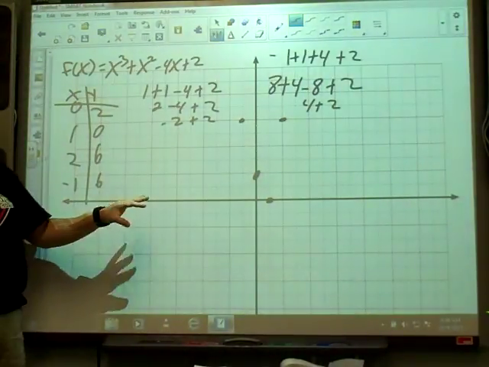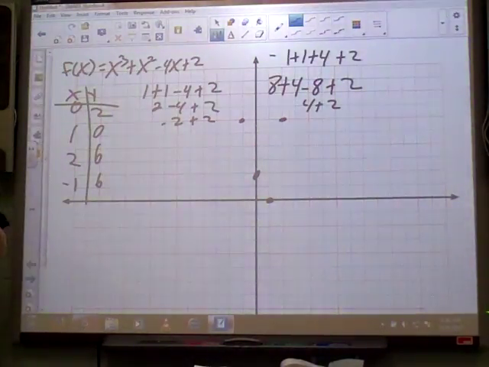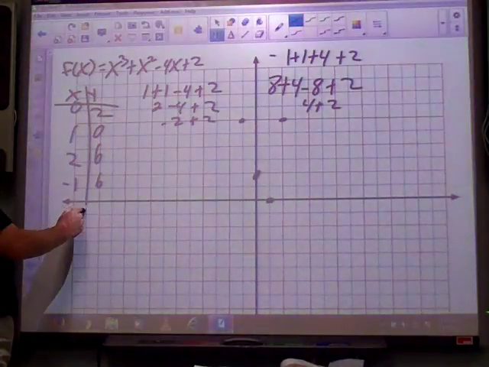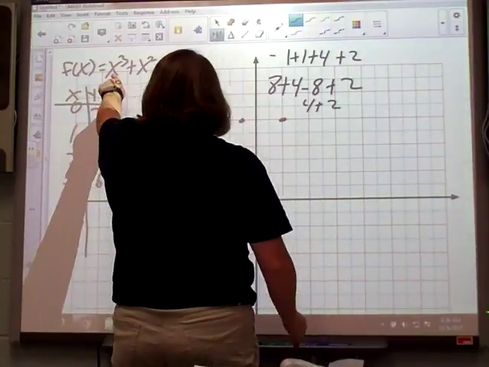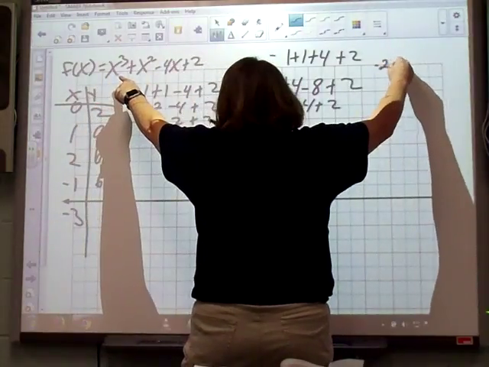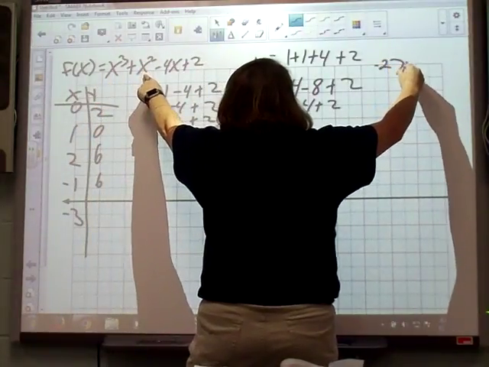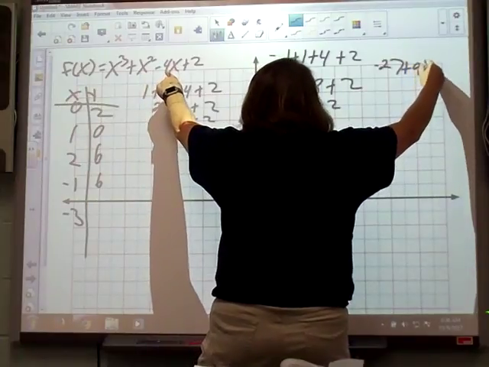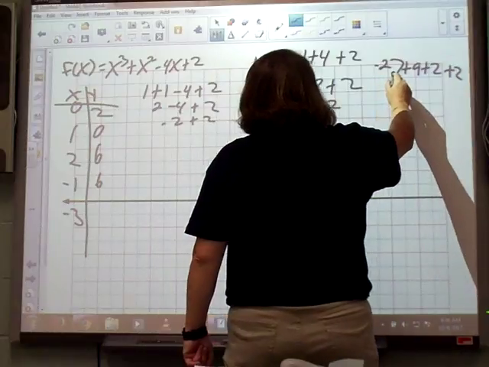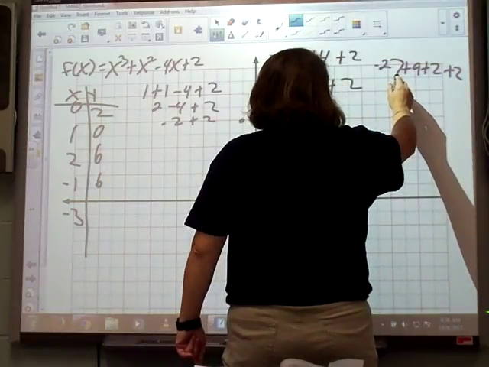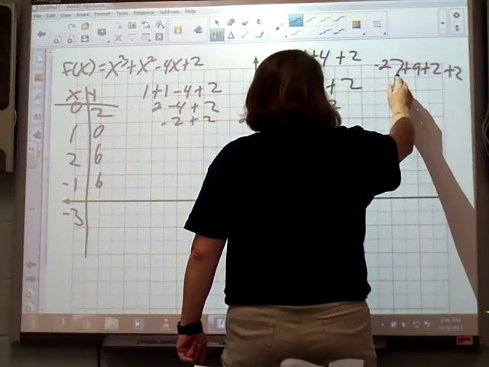-0.5. That's not smaller than -1. -3. Oh, that's -3 cubed is -27. -3 squared is 9. -4 times -3 is 12. So it's negative 18.